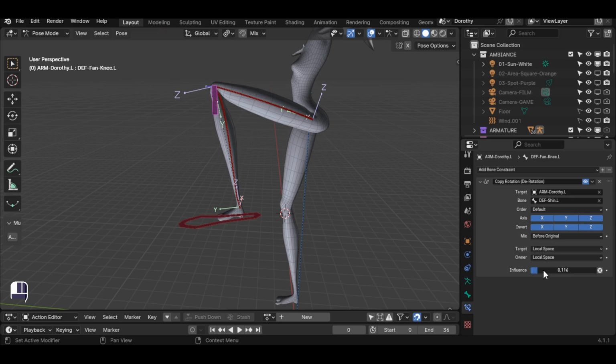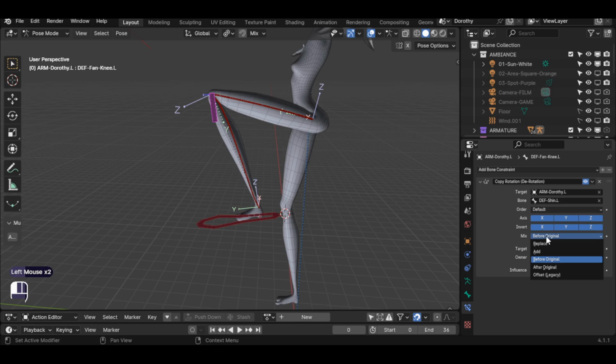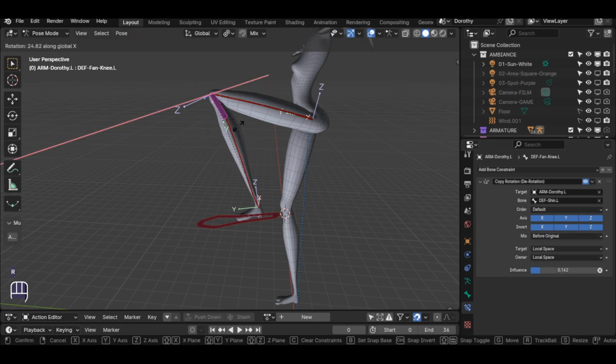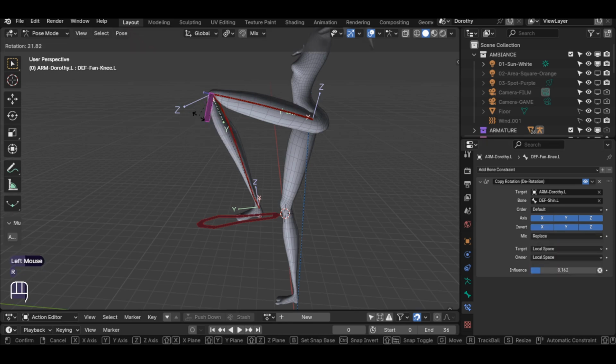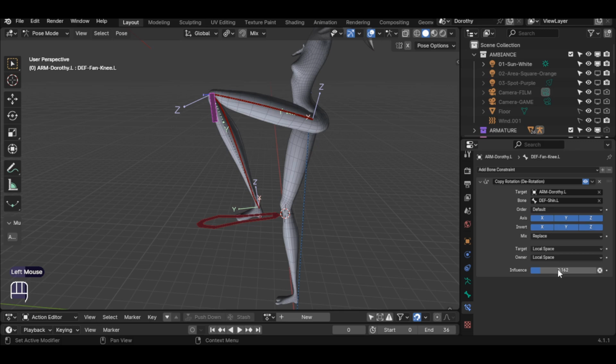It really depends on the weight painting setup. Before original for the mix, this is just for manual posing if we need it, but probably we could have replaced it, but then I cannot, well, because of the influence, okay. Replace before original is okay.